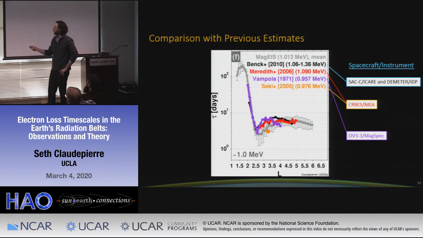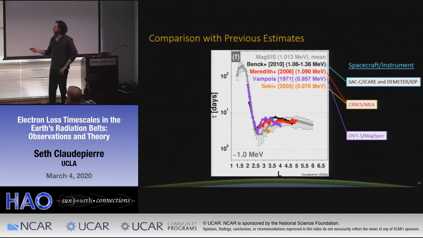So with the MagEIS instrument on Van Allen Probes, we have an ability to calculate what the contamination is, because when we're in the inner zone, the very energetic protons can wreak havoc with your sensor. And so we have devised a way with the MagEIS instrument to remove that contamination. So we're very confident in the signals that we're measuring in the inner belt. And most previous estimates have been highly suspect, I would say, with their measurements there in the inner zone.